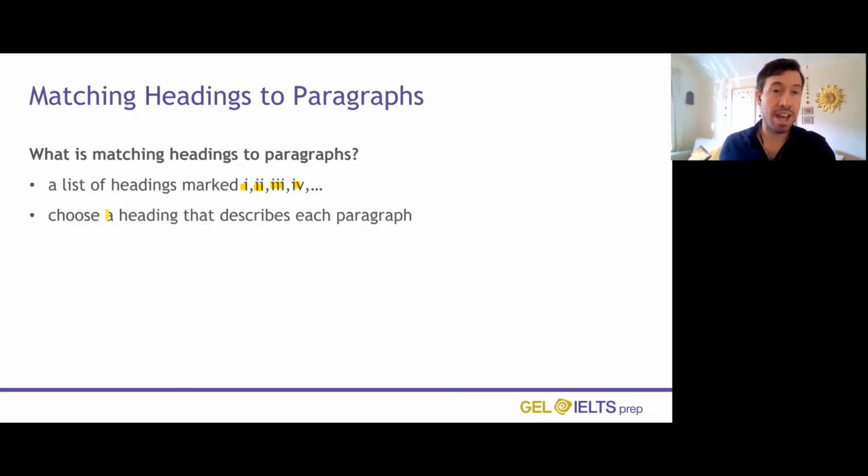So you have to choose a heading that describes each paragraph. Often you don't need all of the headings. So maybe there's like 6 paragraphs, but you have 10 headings. That can make it quite difficult because some of the headings sometimes have similar meanings.